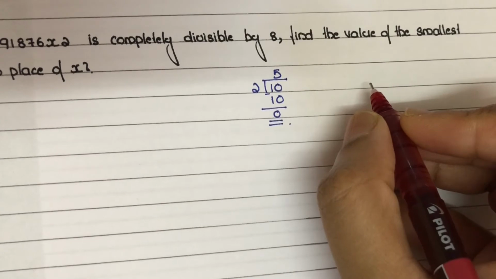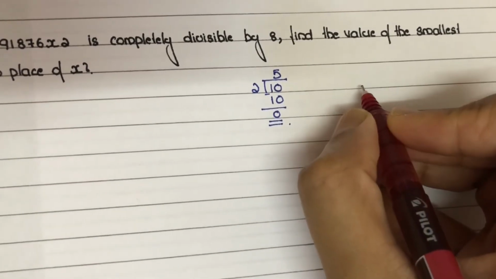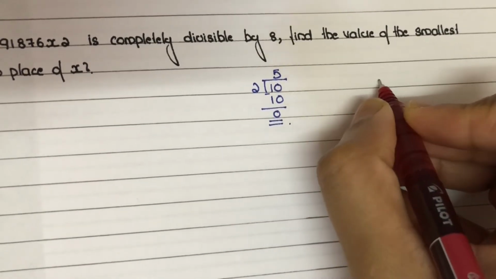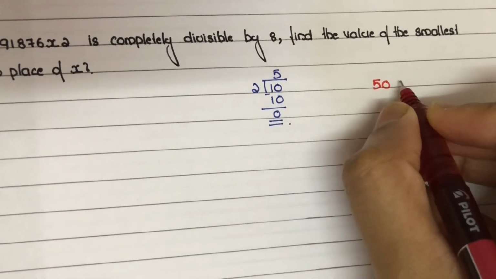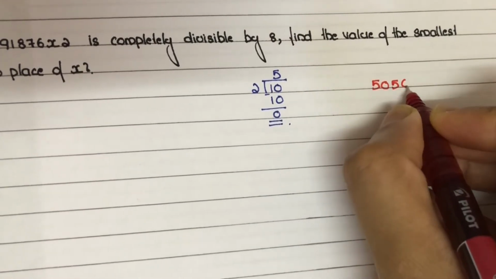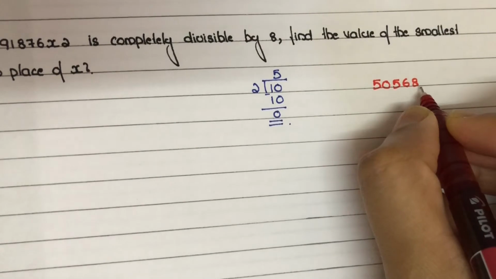Now consider an example. Consider a number which is divisible by 8. For example, 50568. It is divisible by 8.